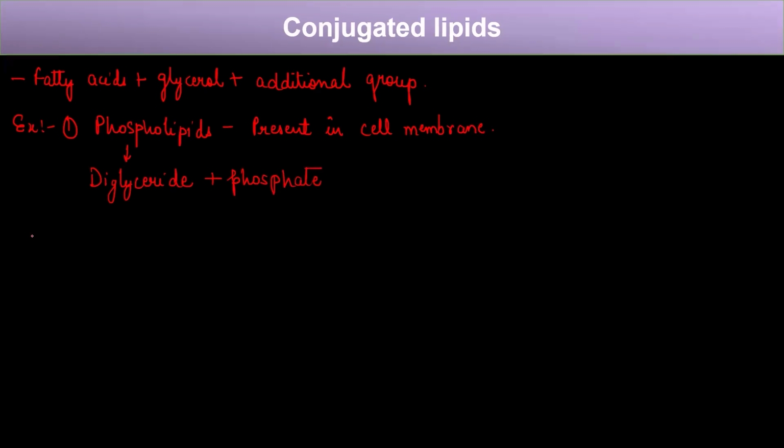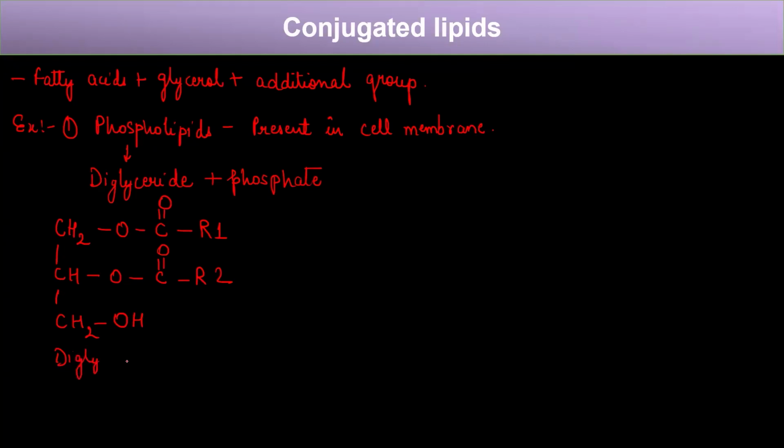In the previous slide we saw how a diglyceride looks: CH2O CO R1, CHO CO R2, and then the third is CH2 with an OH, here H. So this makes your diglyceride.